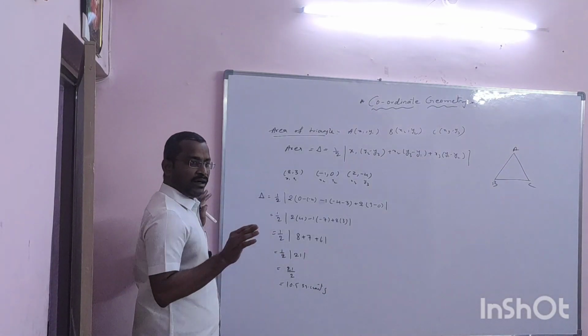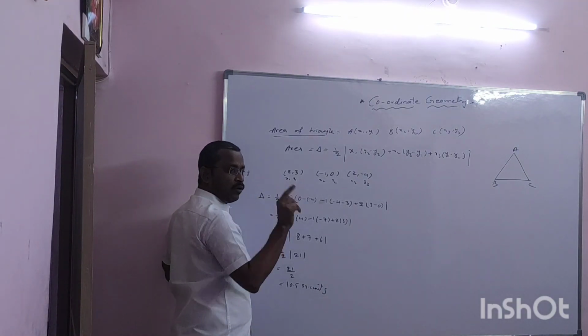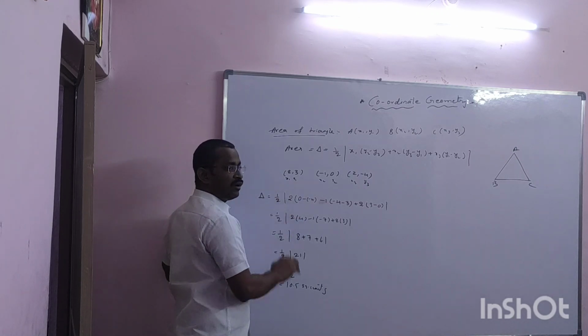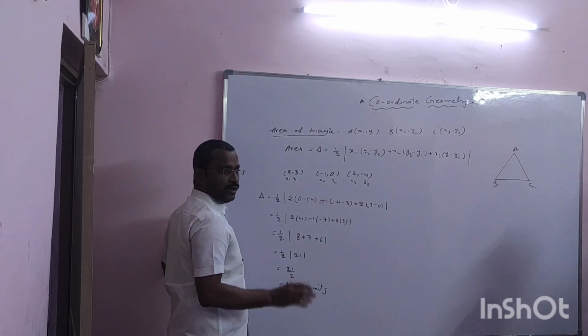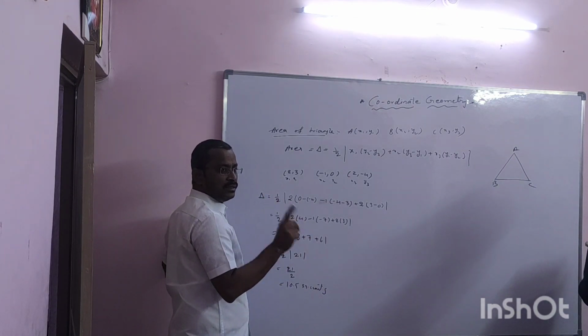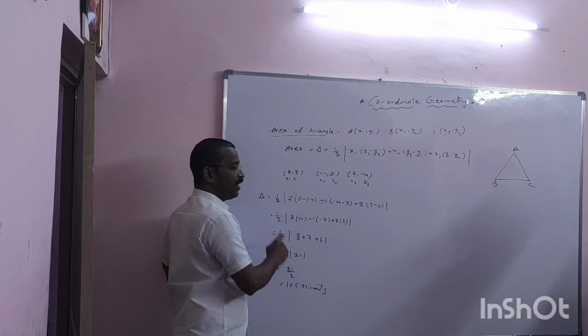Sometimes the question will say the given vertices are collinear, find the missing value. So in place of del you need to write 0. If three points are collinear, the area of the triangle must be 0.